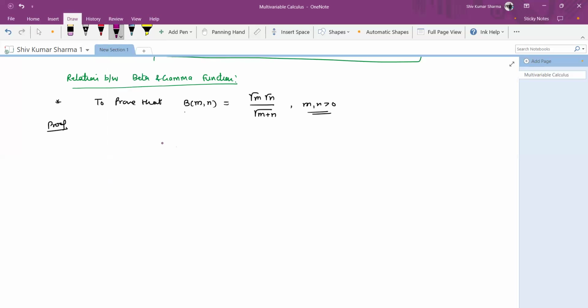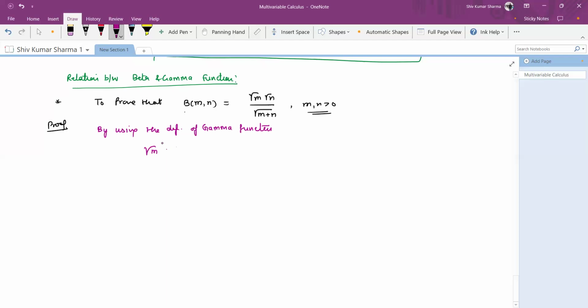So proving this result, we take the definition of gamma function. We write down first gamma m, then gamma n.